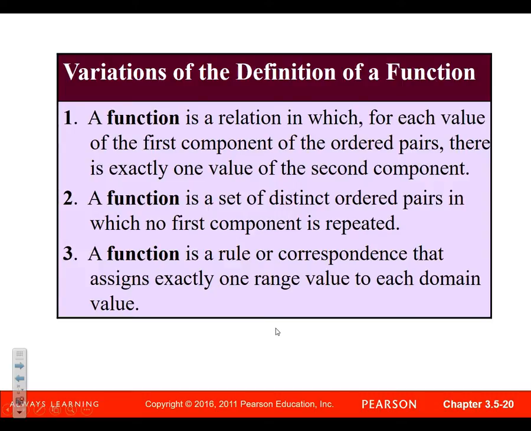A function is a rule or correspondence that assigns exactly one range value to each domain value. So these are the different ways that you might hear a function described.